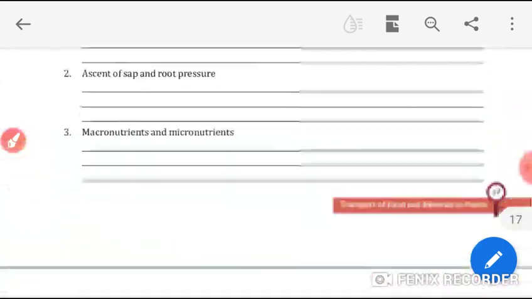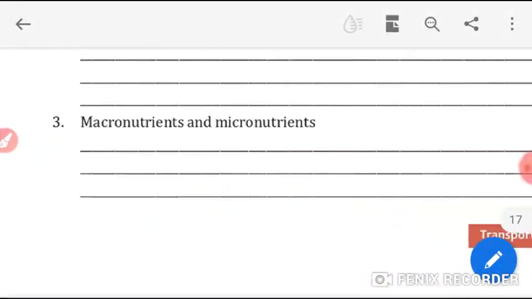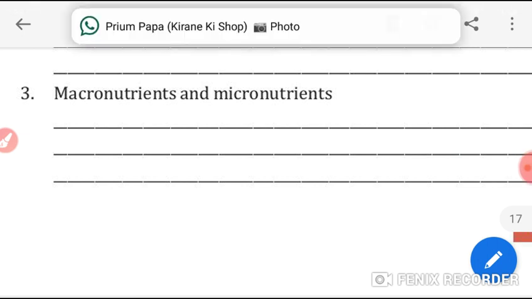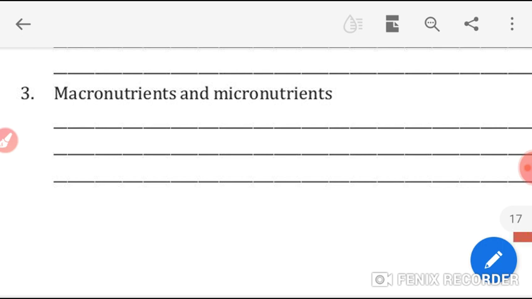Differentiate, 3rd point: macronutrients and micronutrients. Students, I am dictating this question, so write fast. First point: the nutrients which are required in a large quantity for development and growth are called macronutrients.